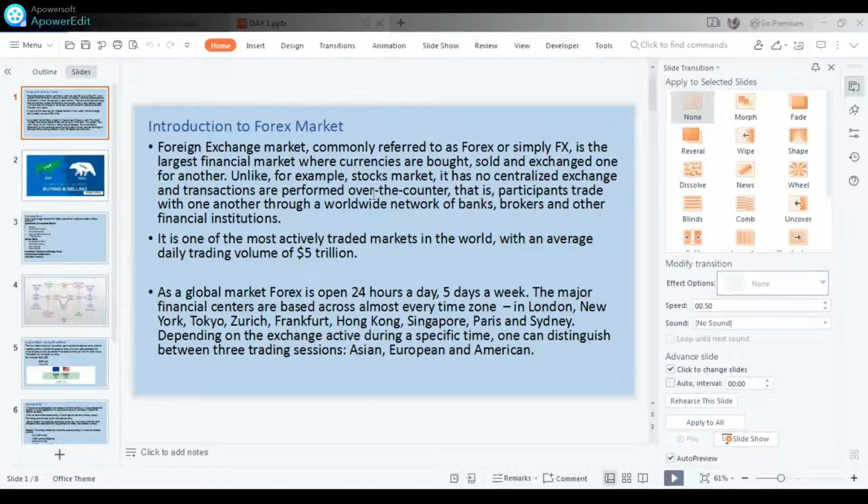New York is USD. Tokyo is JPY. Zurich is CHF. Frankfurt is the euro. Hong Kong, the Hong Kong dollar. Singapore, the Singaporean dollar. Paris, euro. Sydney, the Australian dollar. Are you with me? So those are the codes or the symbols that you'll be trading in the Forex market.